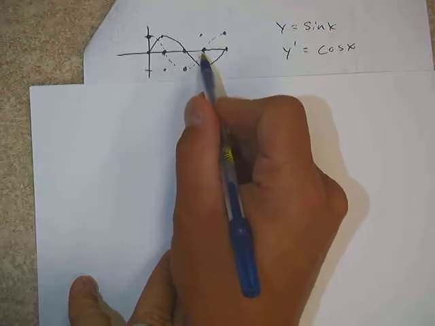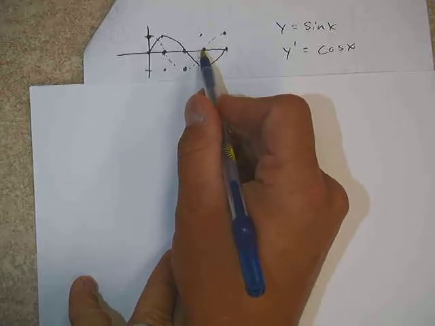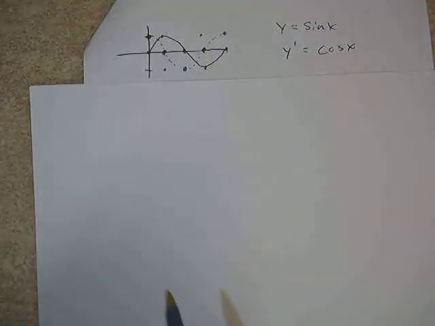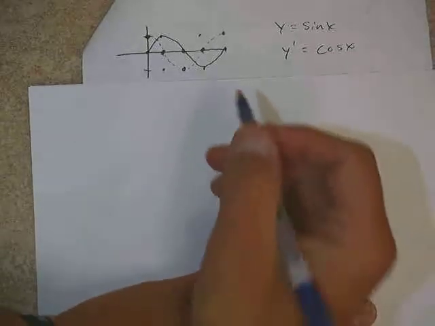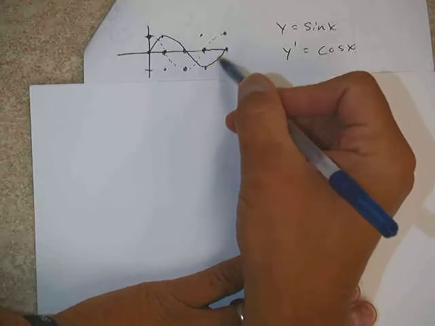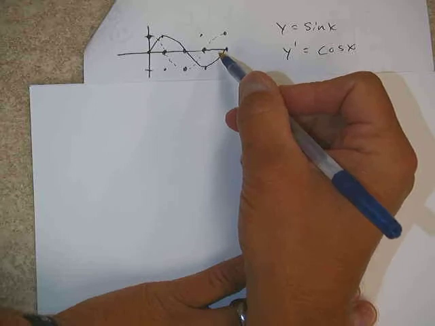Slopes are back to positive. And if you look at the y values of the derivative, the y values are positive. Notice again, what's the slope at this point at 3 pi over 2? The slope is 0, what's the y value of the derivative? 0. Again, the slopes of the function have to match up with the y values of the derivative. Questions so far?